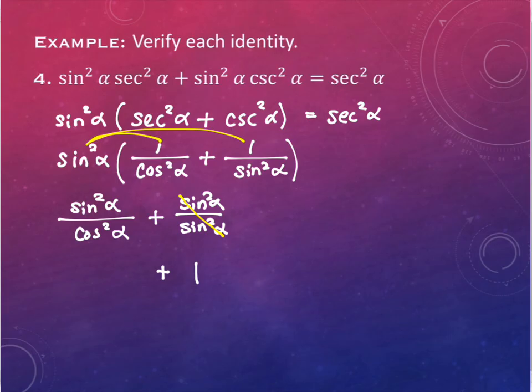Things are said to cancel to 1, and they're also said to cancel to 0. It's a really terrible math term that we use that way. So just be careful. Well, sine squared over cosine squared, I'm not really quite where I want to be. But is there another way that I could write sine squared over cosine squared? I could write that as tangent squared.